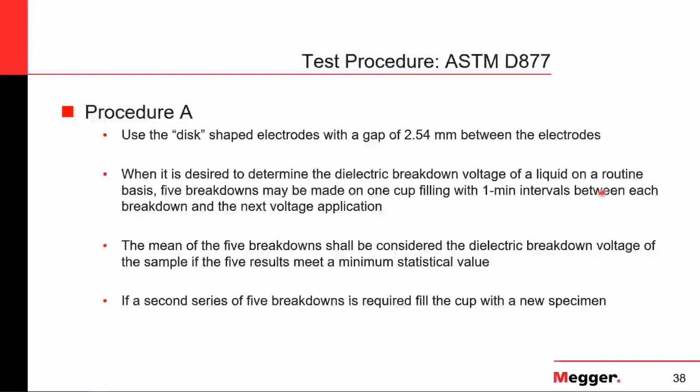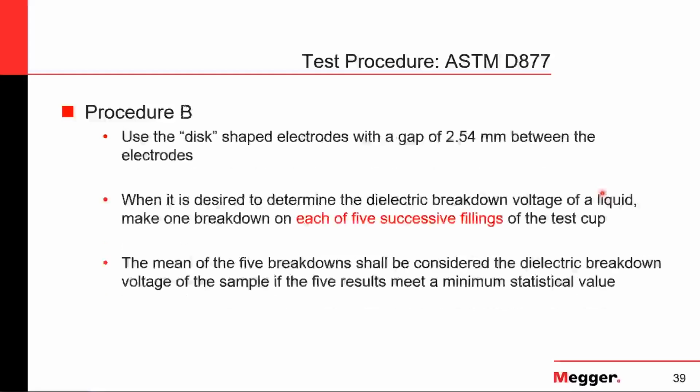So I need 5 measurements with 5 successive fillings of the oil I'm testing. And this, again, will give us the range, the mean value, the standard deviation of those 5 breakdown voltage measurements we just took. So why do we need those calculated values?